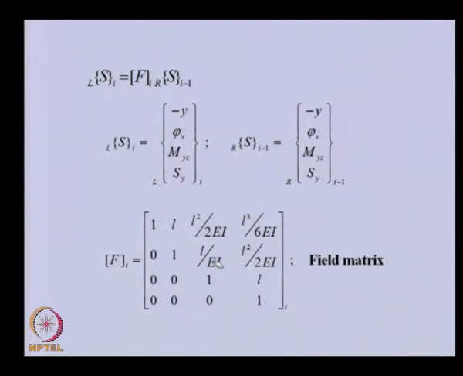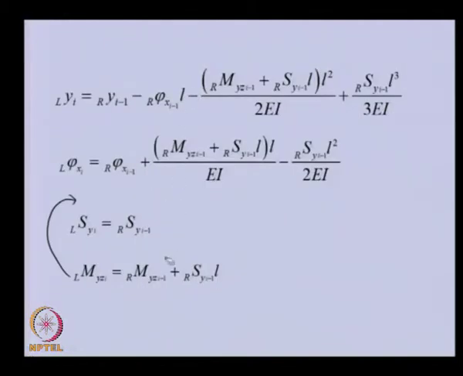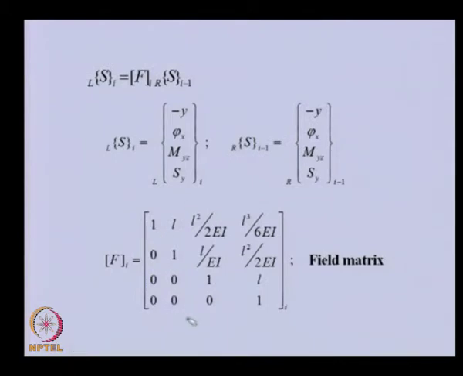If we substitute this here and multiply, we will get all the 4 equations which we have derived. So, we can see this is the field variable and field matrix. Earlier in the torsional vibration case, the size of that was 2 by 2, but now it is a 4 by 4 matrix.